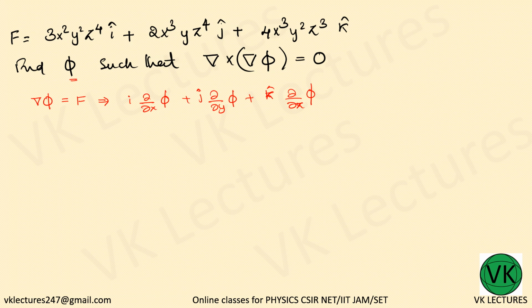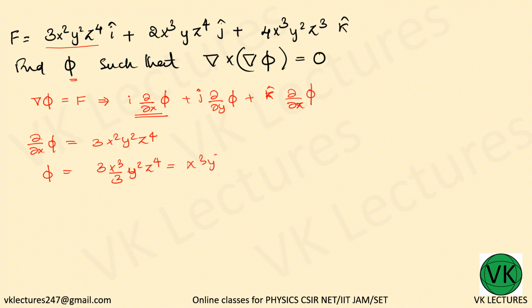Let us take the first term, dou by dou x of phi, which is 3x square y square z power 4. Integrating, phi is equal to 3x cube by 3 y square z power 4, so that's x cube y square z to the power 4.